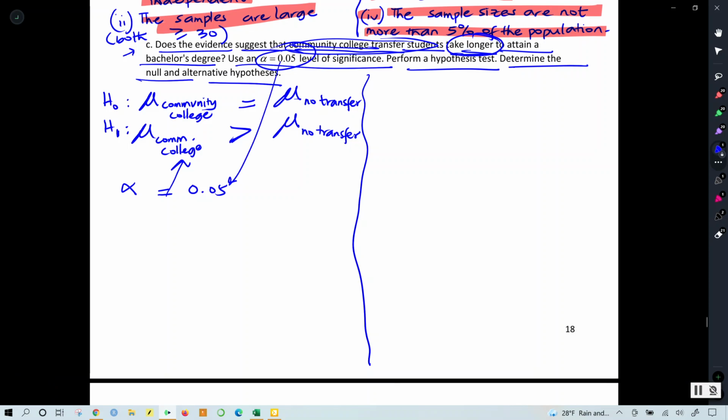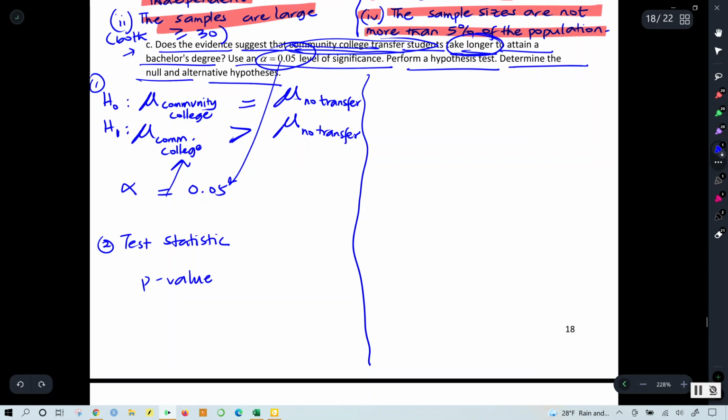So the next step will be to determine our test statistic and also to get the p-value of the test. So let's do that. And we're also going to get the critical value.